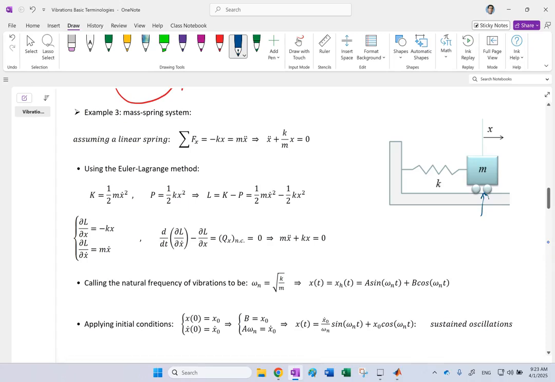It's just rolling without slipping. So if you draw the FBD of the object, the only force is kx. And x here is the deflection from the unstretched length of the spring. So at x of 0, the spring is unstretched.